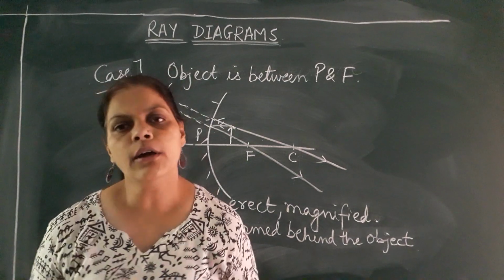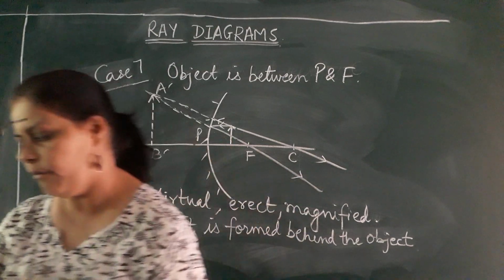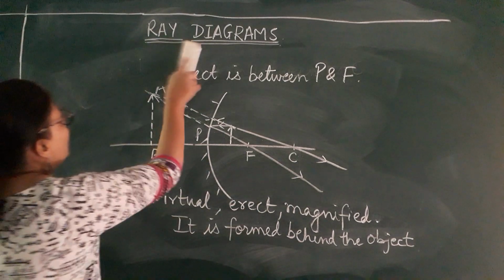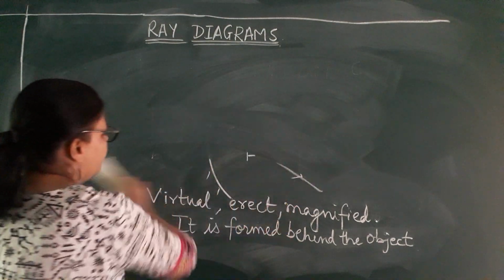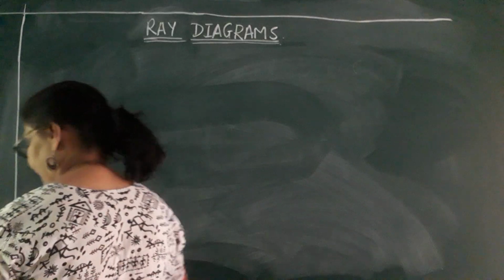Okay. Now we move on to convex, and let me tell you, children, there are only 2 cases in a convex mirror. I will be picking up the first case for you. Just have a look at this. So I begin with the ray diagrams for the convex mirror.